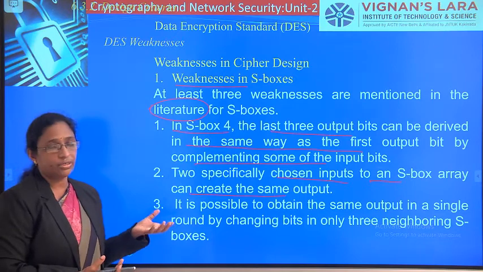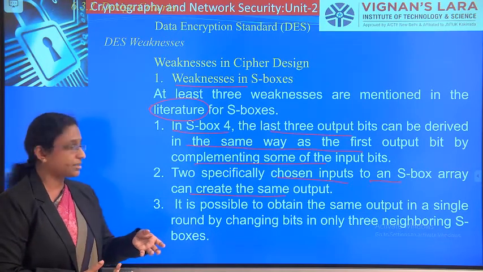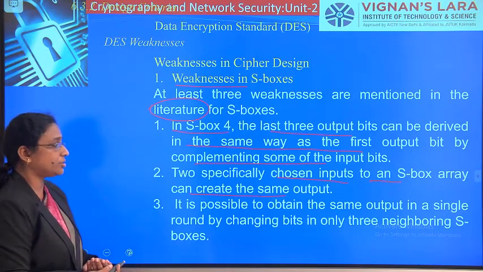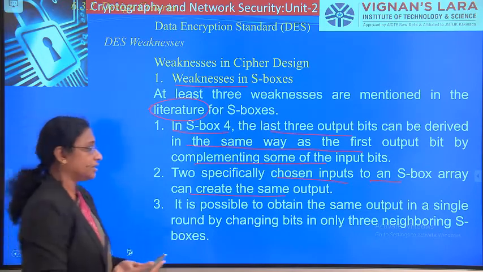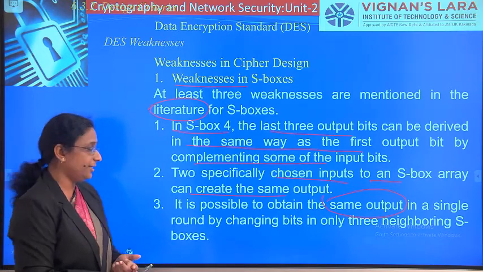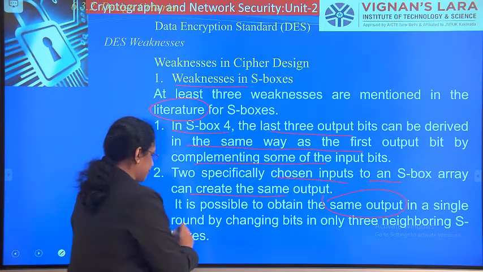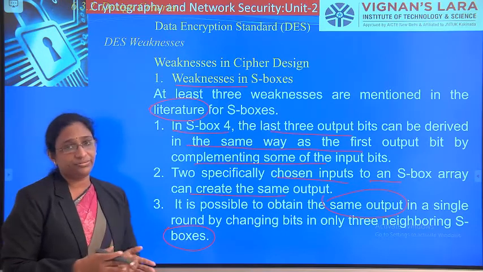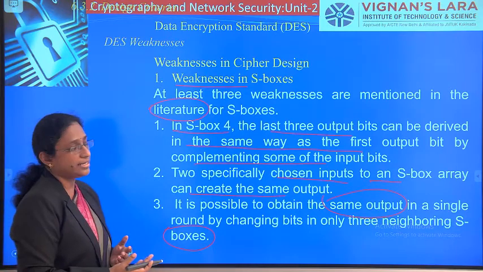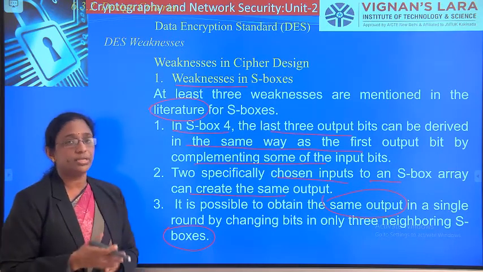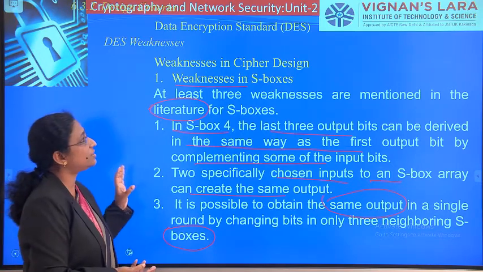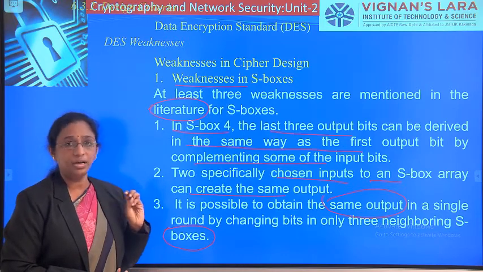The third is that it is possible to obtain the same output in a single round by changing bits in only 3 neighboring S boxes. These are some of the weaknesses found in the S boxes.